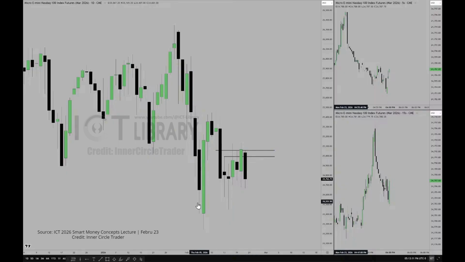Notice that we're just staying inside this range here. So we're in high resistance liquidity run conditions. That means it's not in a hurry to go anywhere, and that's typical at the beginning of the year.